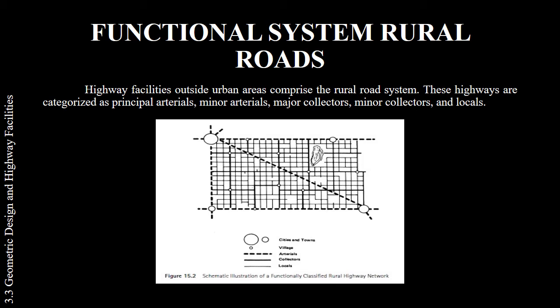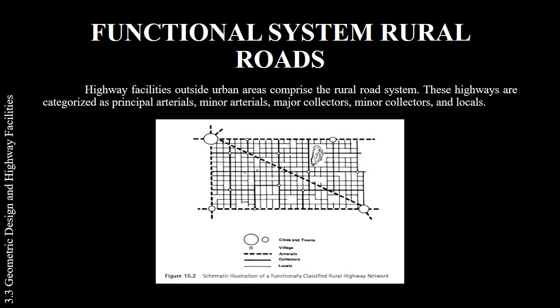Highway facilities outside urban areas comprise the rural road system. These highways are categorized as principal arterials, minor arterials, major collectors, minor collectors, and locals. As you can see in the picture, based on the legend, there are cities and towns, villages, arterials, collectors, and locals.